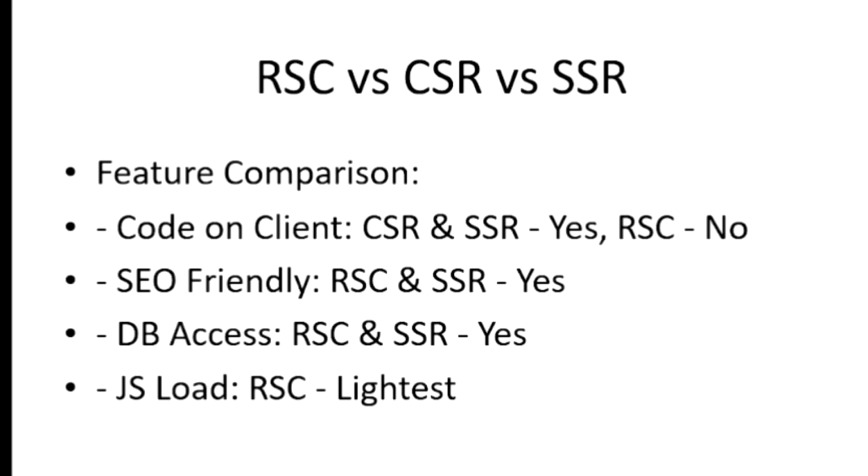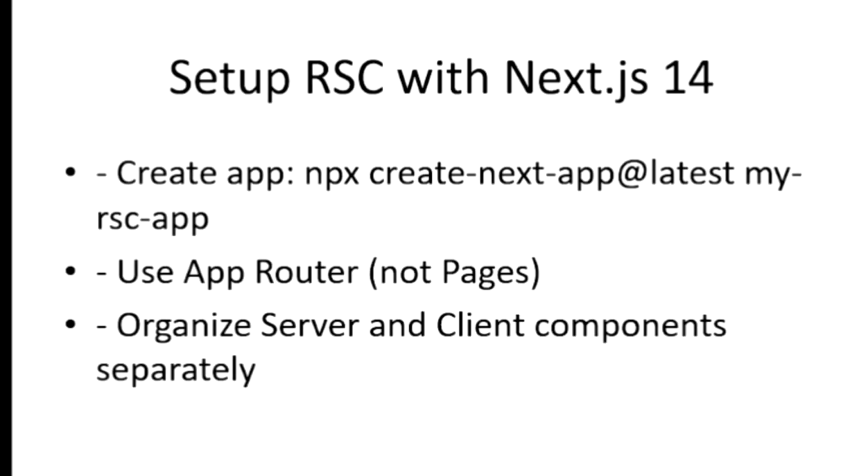So performance wise, RSC is high in performance, and in terms of performance and architecture, RSC is clearly the winner for many use cases. So if we compare RSC, CSR and SSR, it is RSC, that means React Server Components, which is high in performance and architecture.